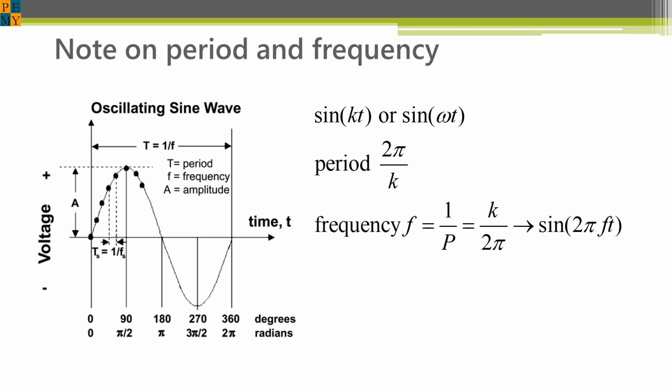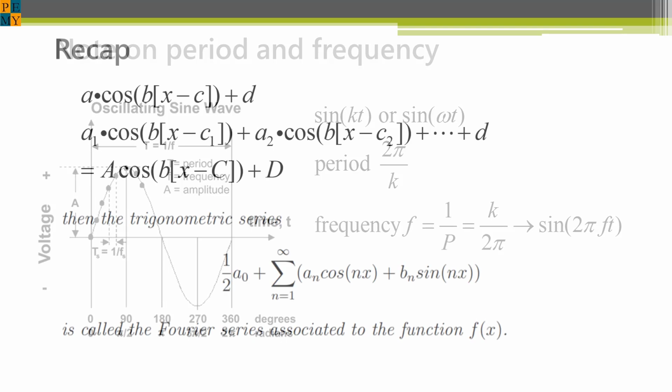Think of k or omega as how many radians per second are occurring if the sinusoid is describing a time domain function. You can see in this formula that if you want to write a sinusoid in terms of frequency, you can substitute 2 pi f for k or omega. The frequency is how many cycles per second there are, which are also called hertz.